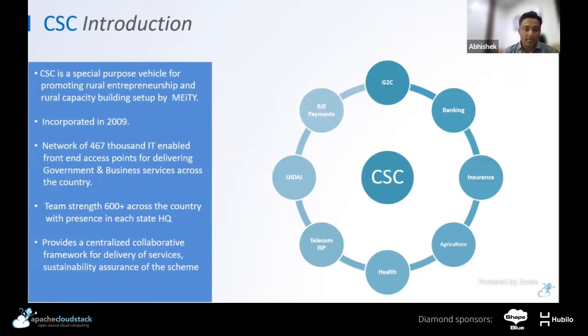As of today, we are operating with almost a network of 4,467,000 IT enabled front-end service points for delivering both government and business services across the country.